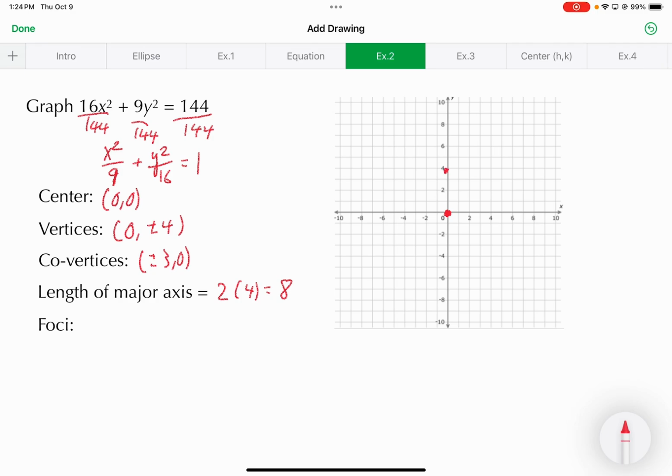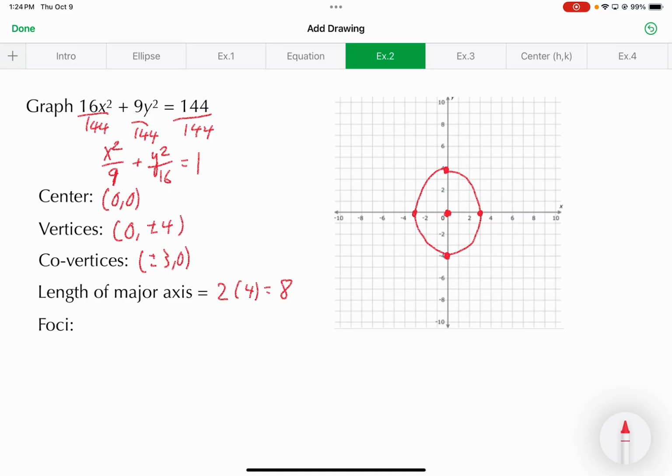So I go up, I plot 4, negative 4, and then my co-vertices are going to be at 3 and negative 3, and so it's going to look something like this.